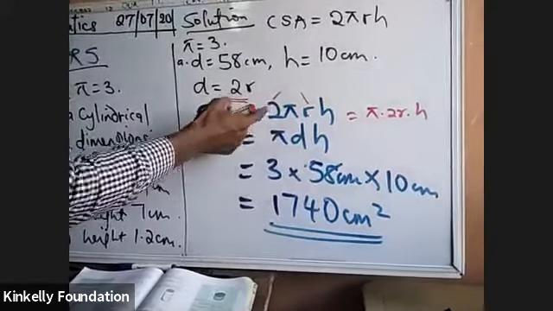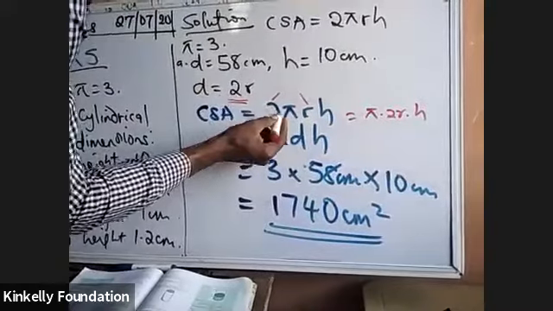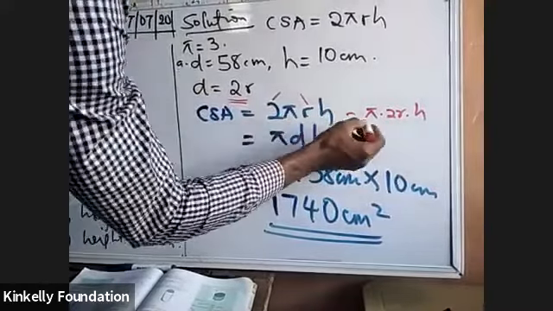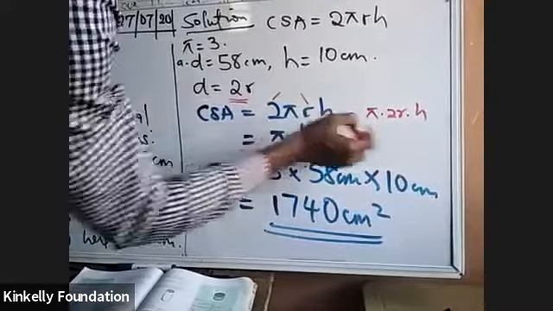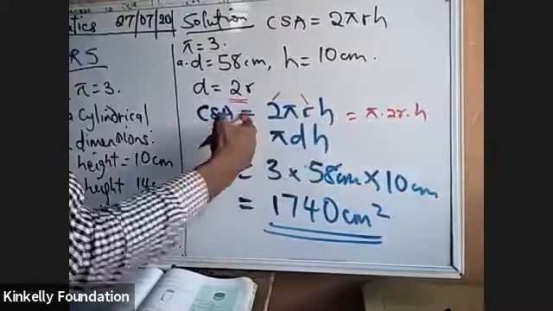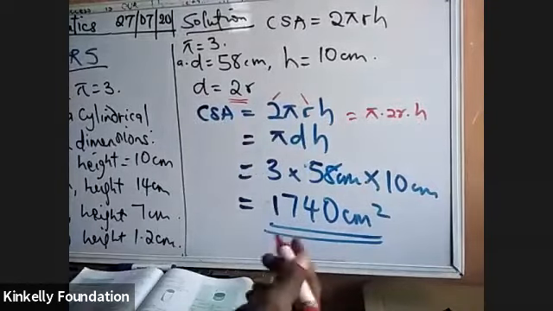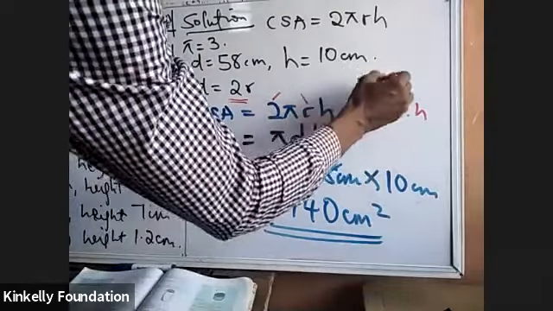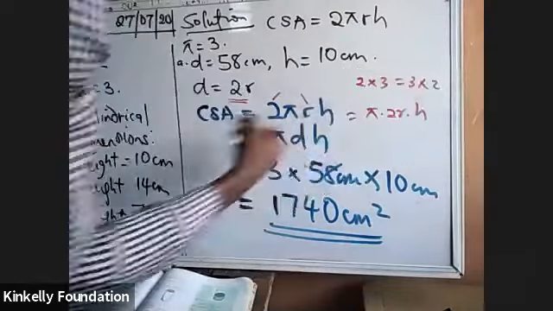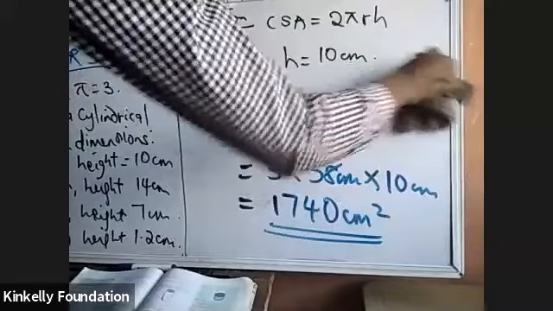Remember, this formula can be written as 2 pi r h equal to pi times 2r times h. Since it is multiplication, it is commutative, in the sense that 2 times 3 is the same as 3 times 2. That's commutativity.